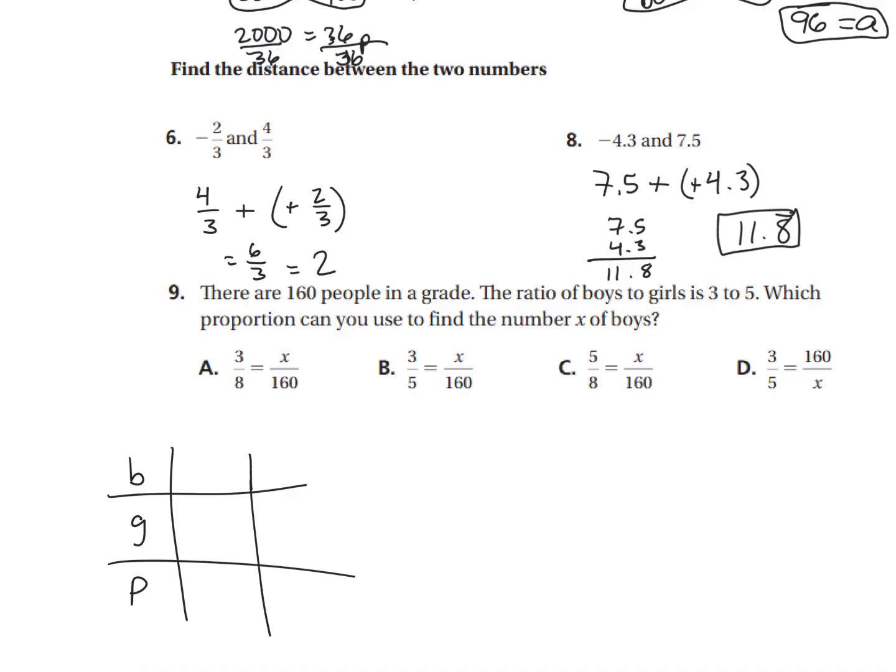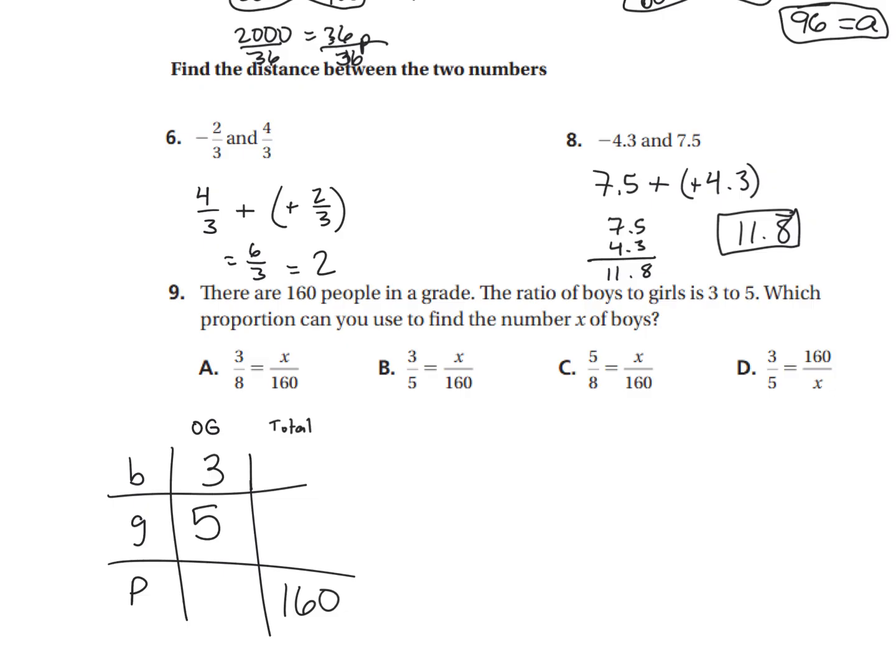I know my ratio tells me that there are 3 boys for every 5 girls, and in total there's 160. So we can think of this as our original ratio, and then we'll move to our total column. So 160 would end up going over here.